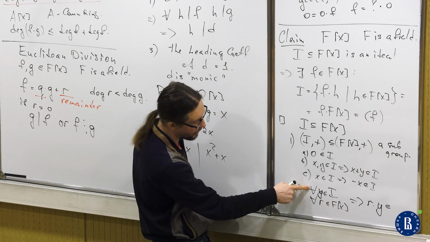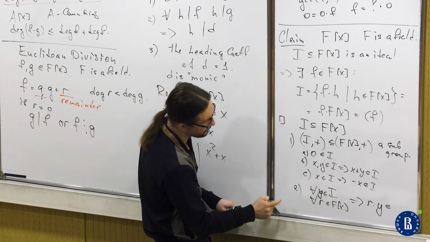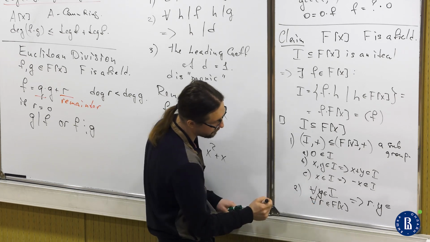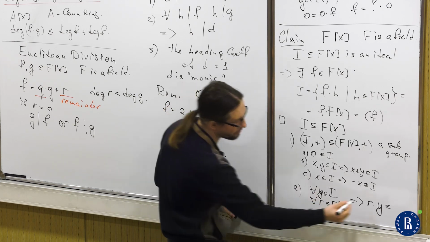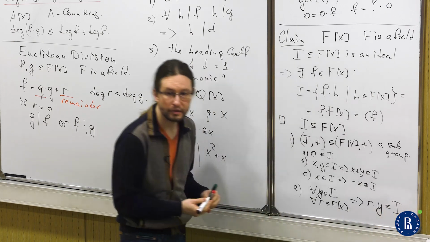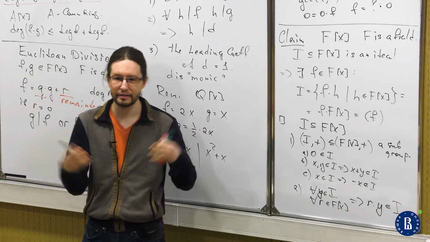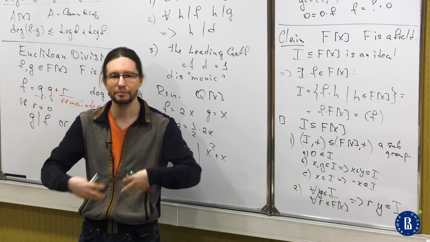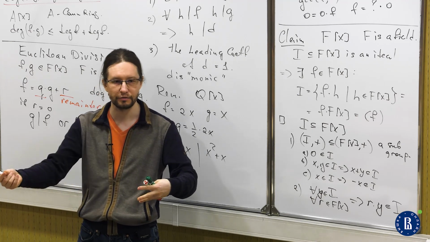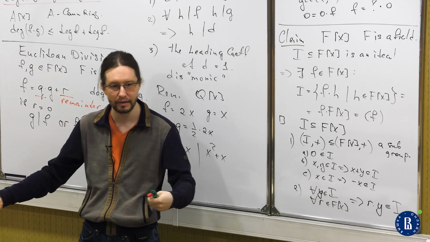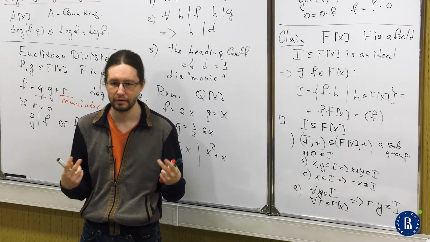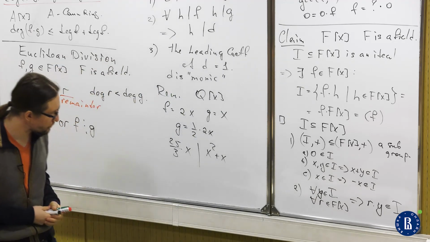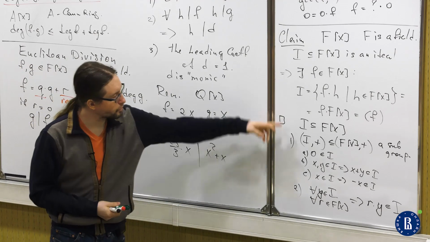So the ideal behaves like zero. If you multiply anything by an element from the ideal, you will get an element from the ideal. This is how you should think about the elements of the ideal. It's like extended zero.